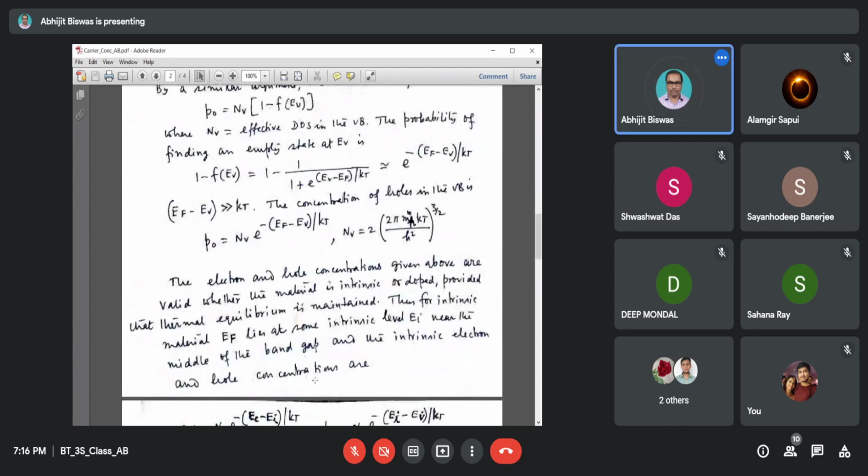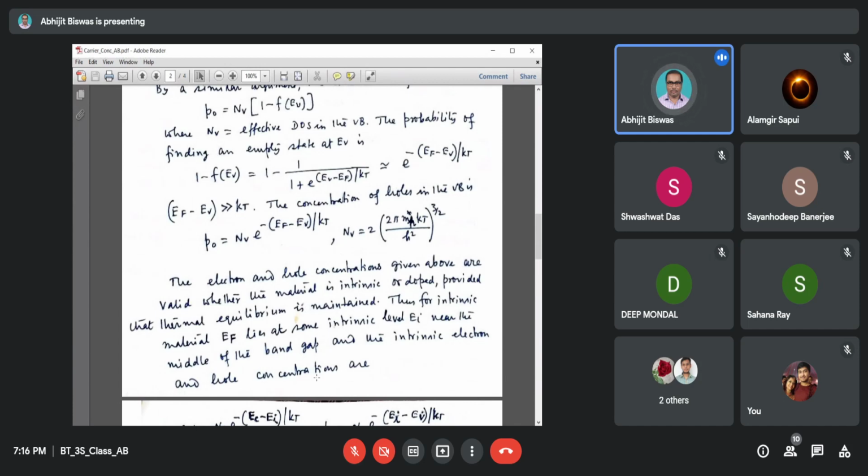So these electron and hole concentrations are valid whether the material is intrinsic or extrinsic, meaning doped. The only condition is that the semiconductor must be in thermodynamic equilibrium. For an intrinsic semiconductor, you must remember that EF, the Fermi level, lies at some intrinsic level, denoted by EI.